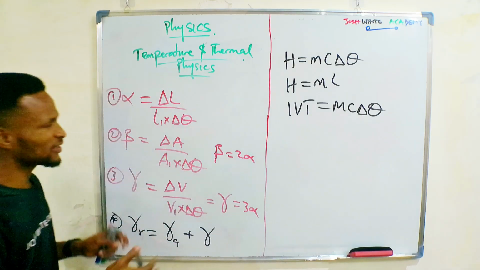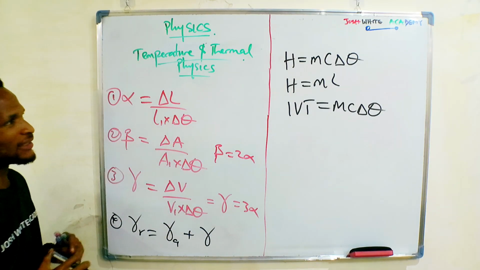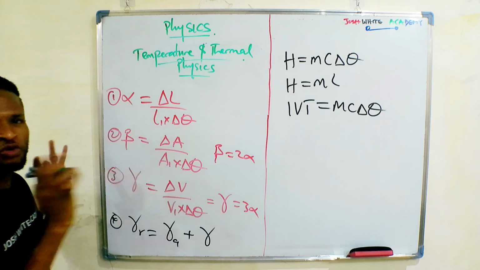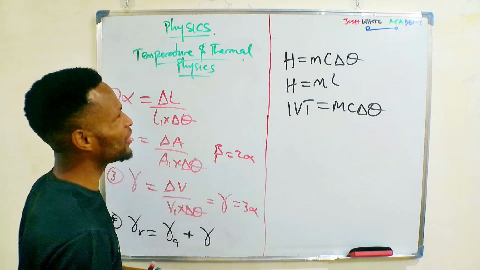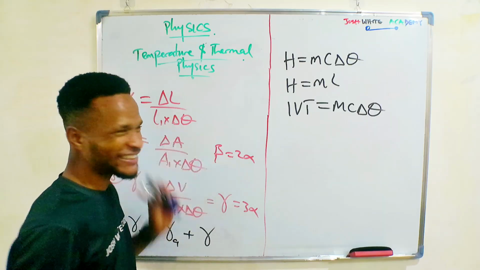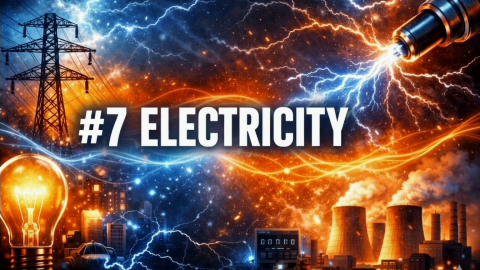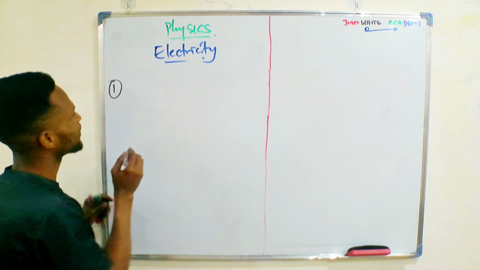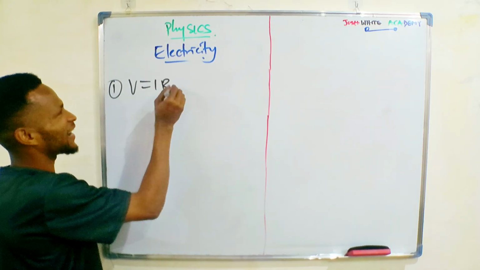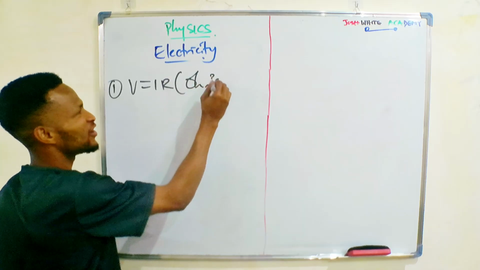So these are the formulas that you should make sure you master. So let's see formulas now on electricity. Under electricity, we have V equals IR, which is our Ohm's law.